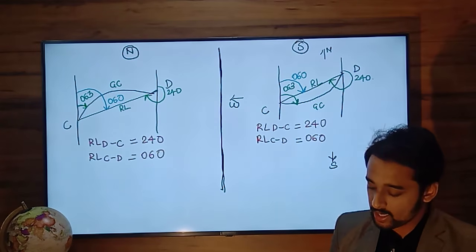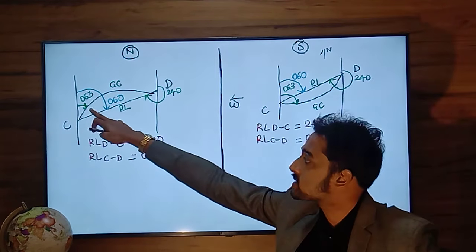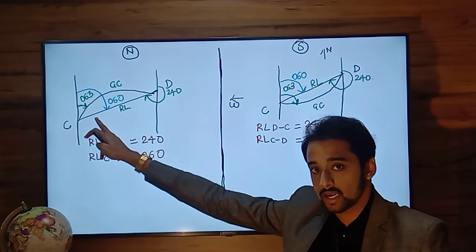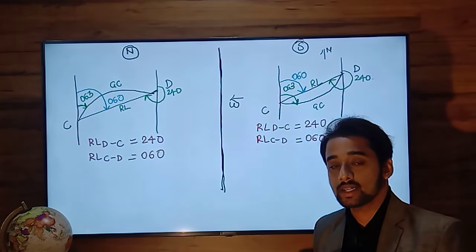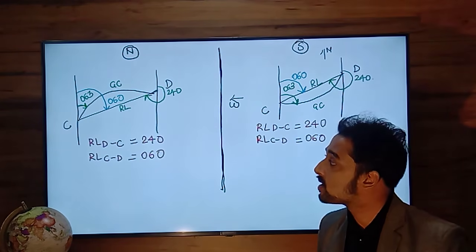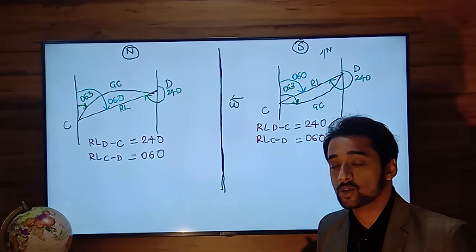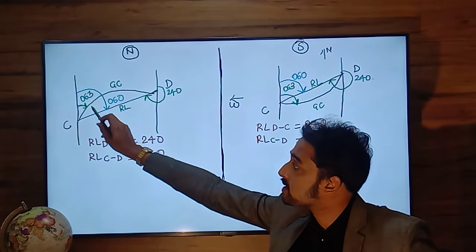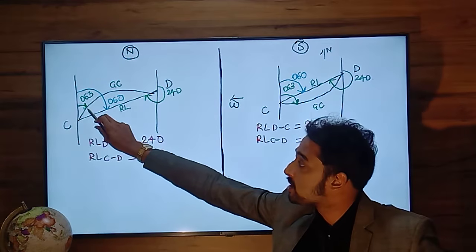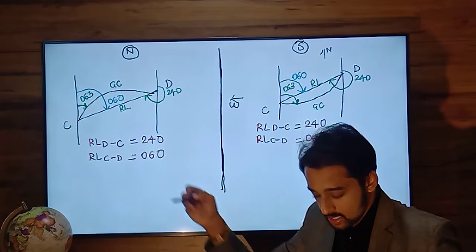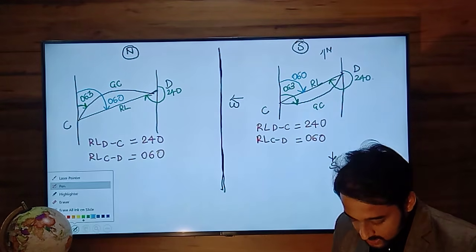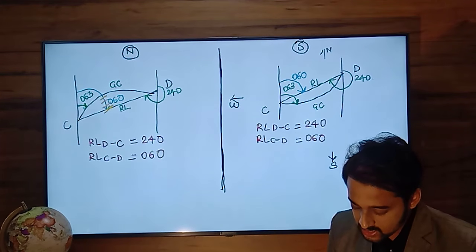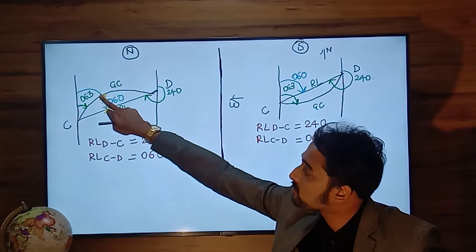Now look at this diagram. 063 is up to this great circle. Now as you go more to the right hand side, more and more clockwise, your direction should increase. So 063 is up to here. Now this extra angle is your convergency angle. Up to here it was equal to the great circle.